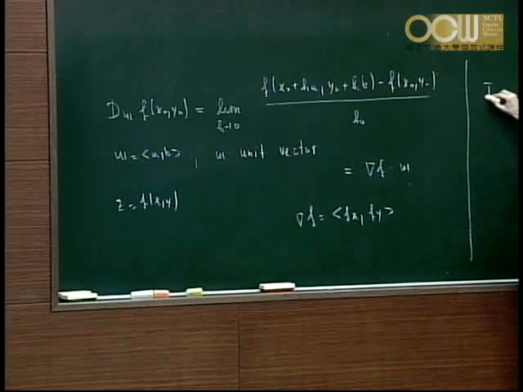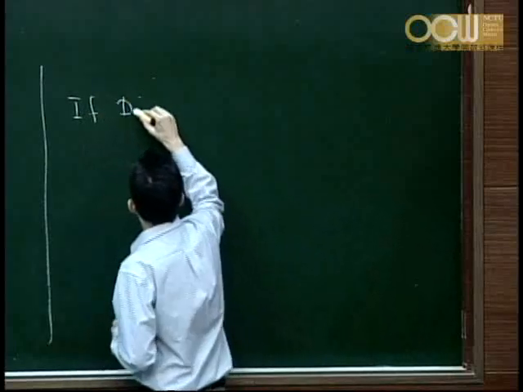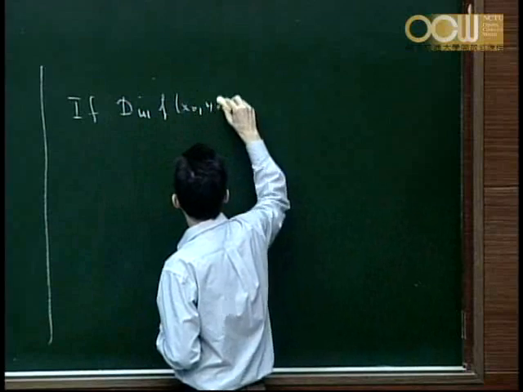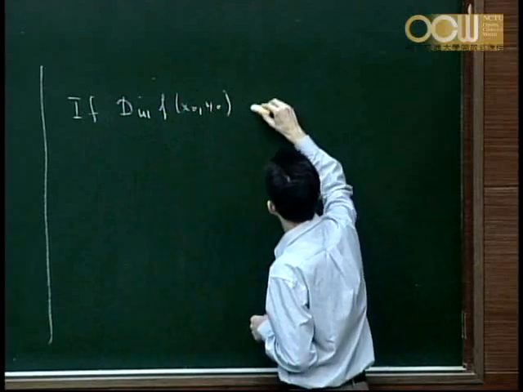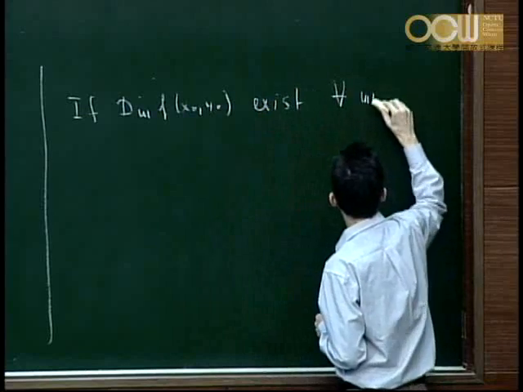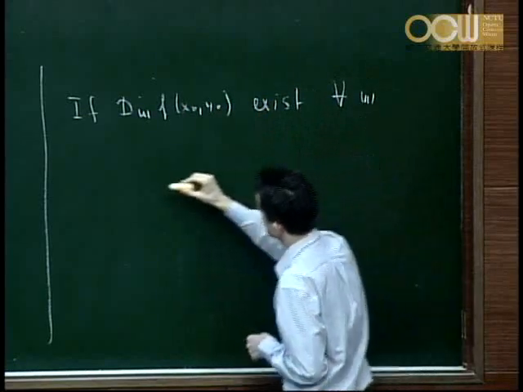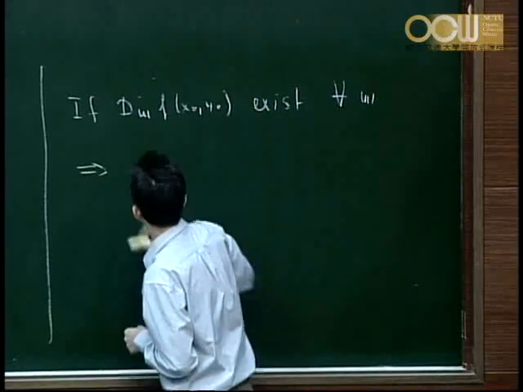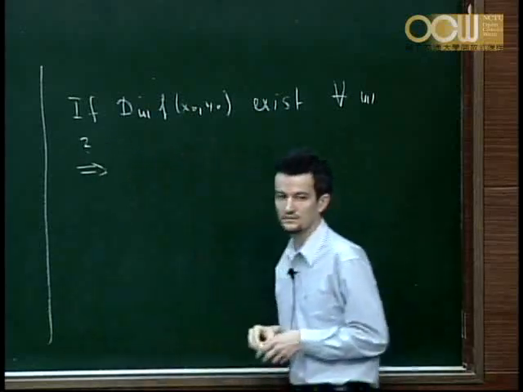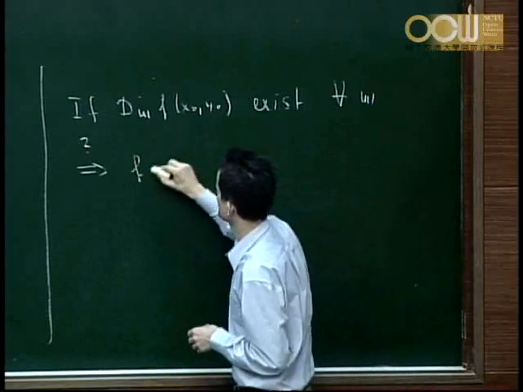So if the directional derivative at some point exists for all u unit vector, does this imply that f is differentiable?